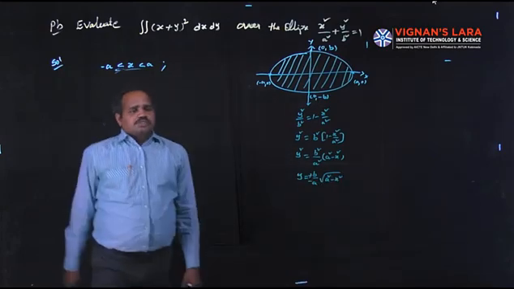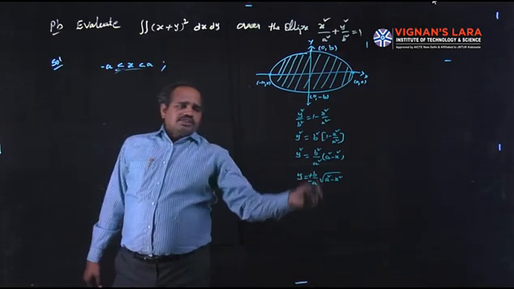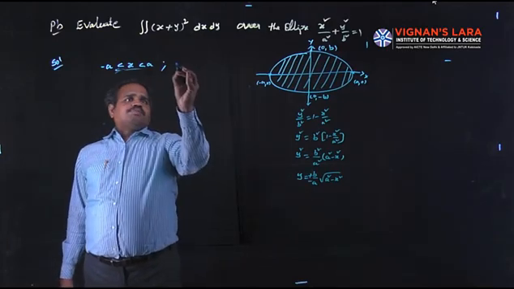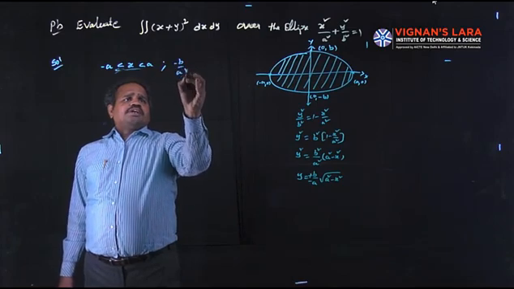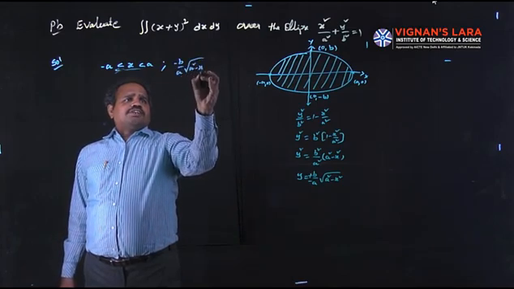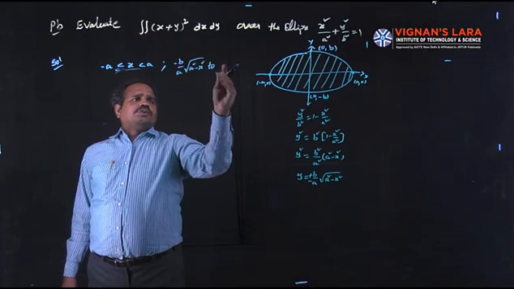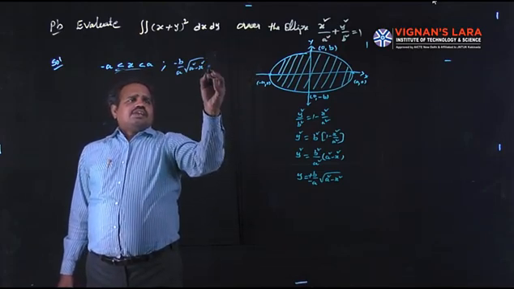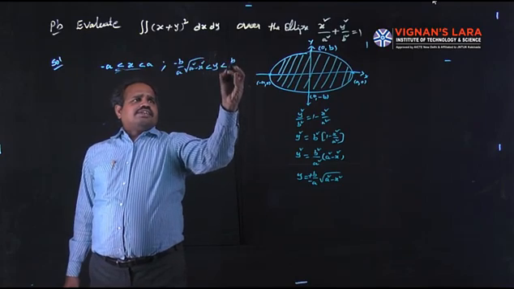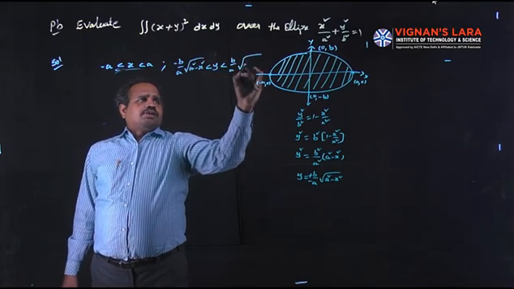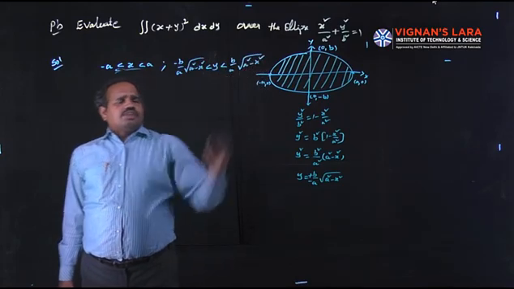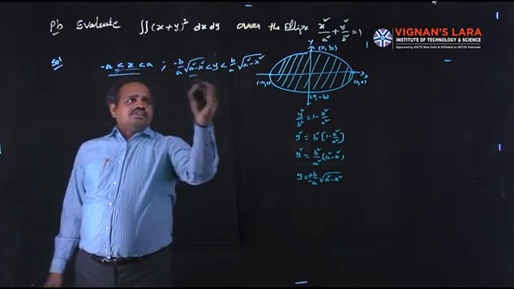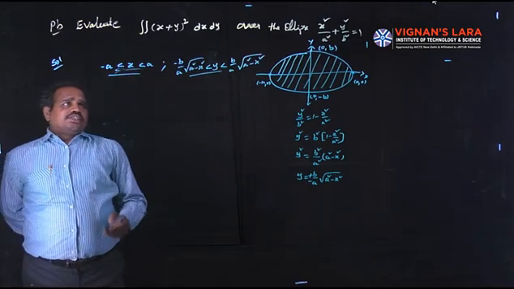That means we are applying the square root. That means y varies from minus b by a under root of a square minus x square to less than y less than b by a under root of a square minus x square. So in this region we have to make the integration.